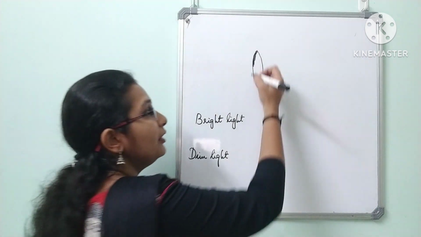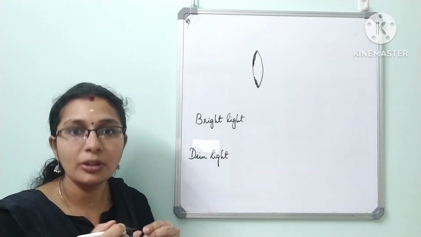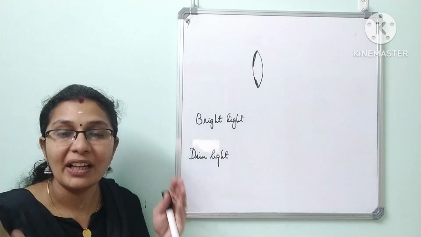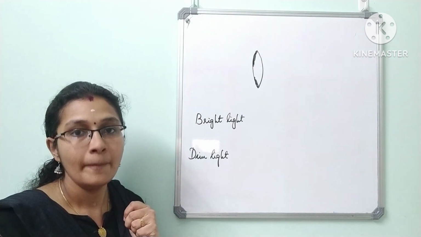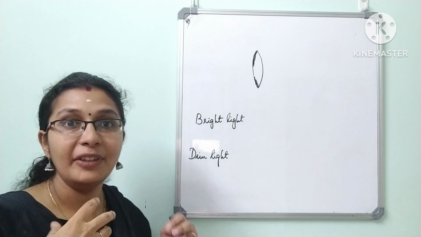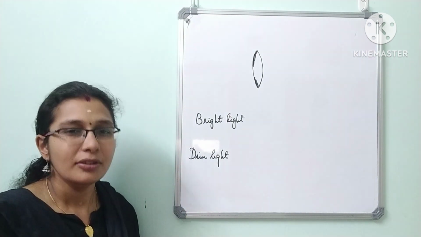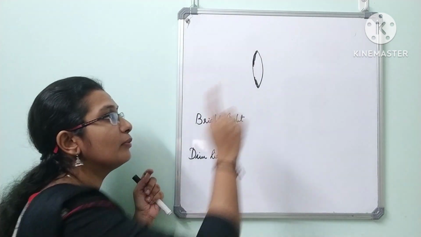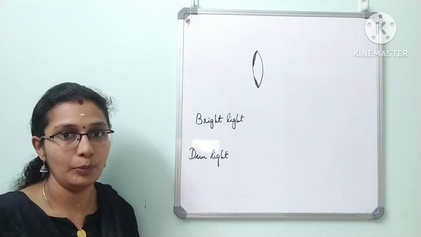The pupil is the one which controls the amount of light entering the eye, so it will allow only a small amount of light to enter our eyes. During bright light we cannot open our eyes and see. You can even try and see. So we will squint our eyes. That is what happens during bright light. These are the functions of iris and pupil.